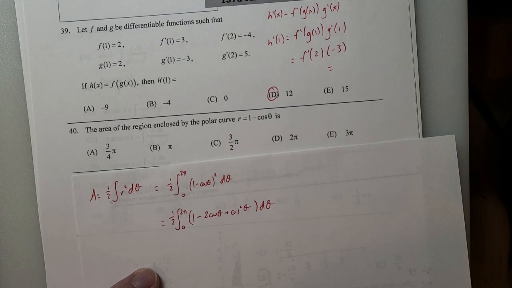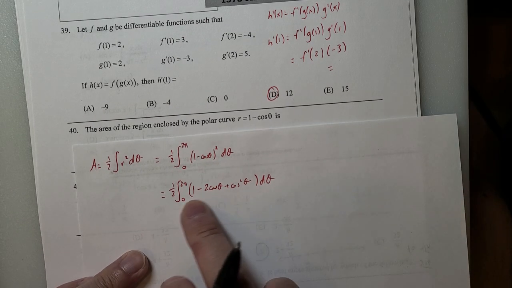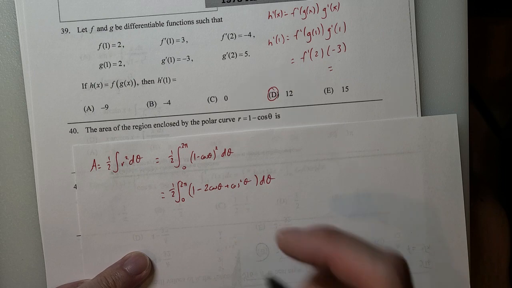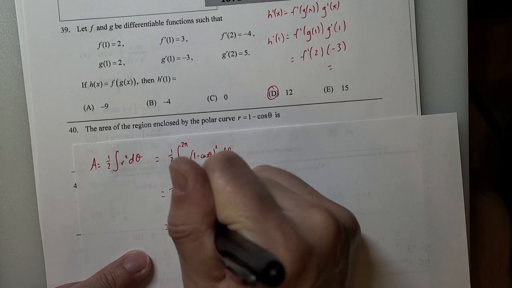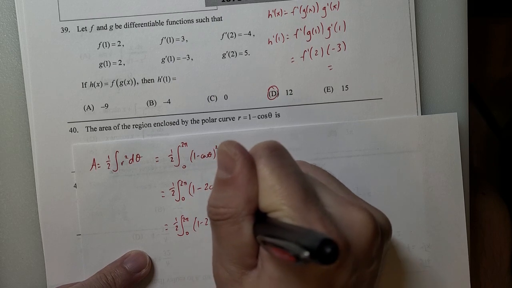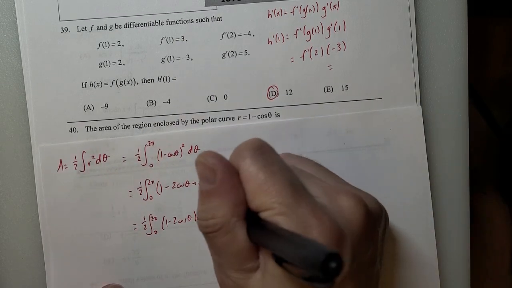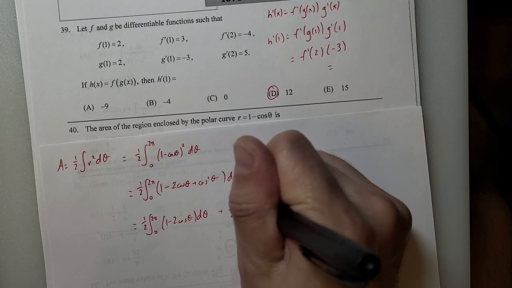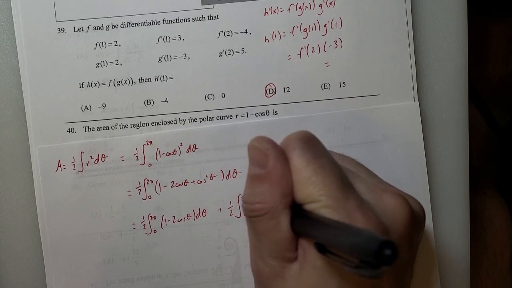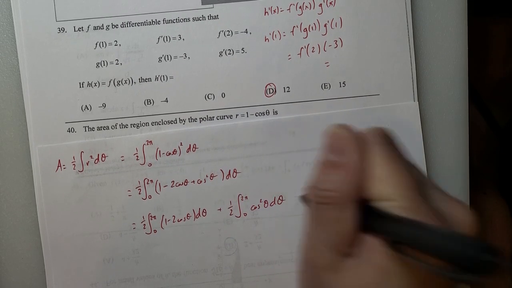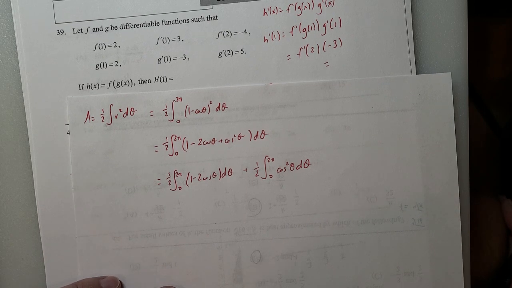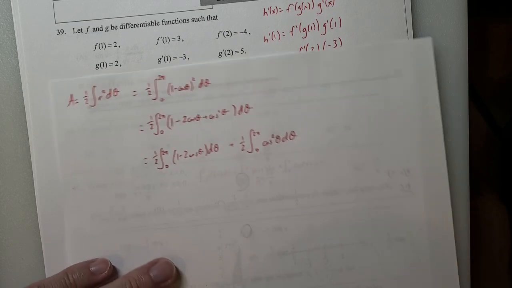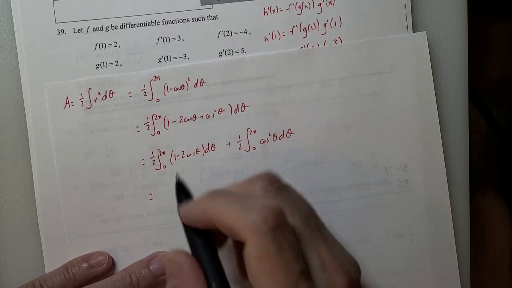Okay, so this is doable. These are easy, but this one we have to use the half angle formula, so let's break it up. I just broke up the integral because this portion is easy to solve.